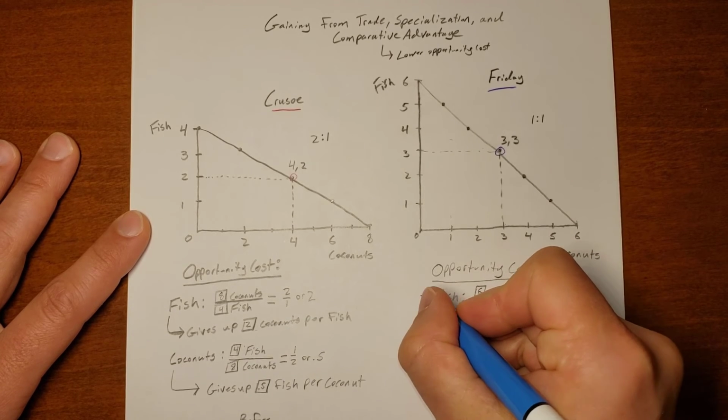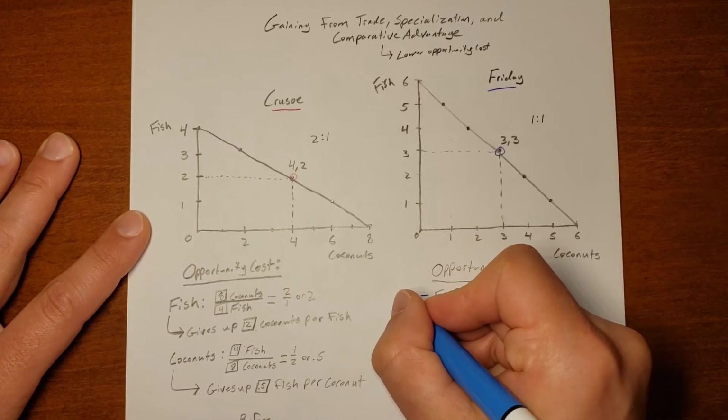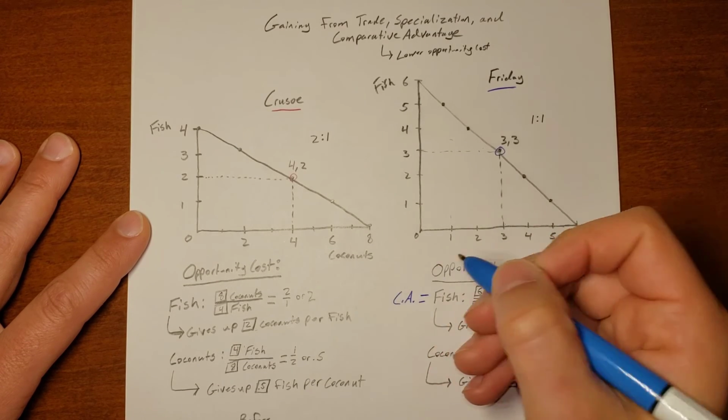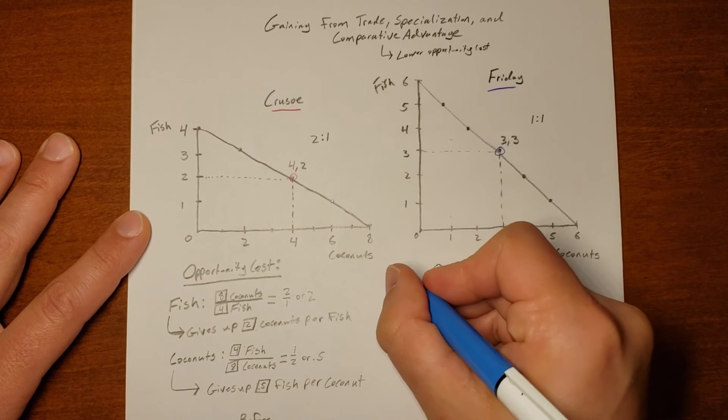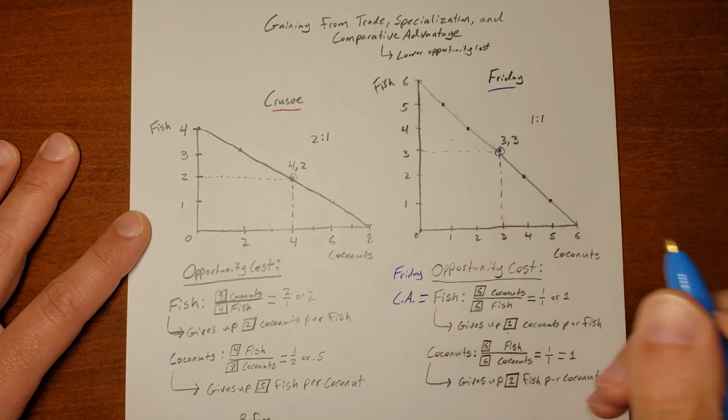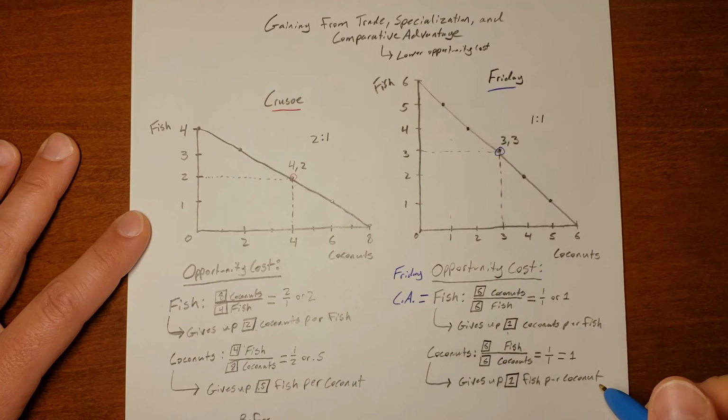We'll just write that this is his comparative advantage, or CA, for short, for Friday. Friday's comparative advantage is in the production of fish. And for the production of coconuts, let's look at Caruso versus Friday. Every time that Caruso produces a coconut, he gives up 1/2 a fish, whereas every time that Friday produces a coconut, he gives up a whole fish.